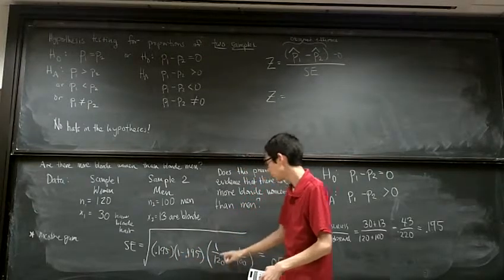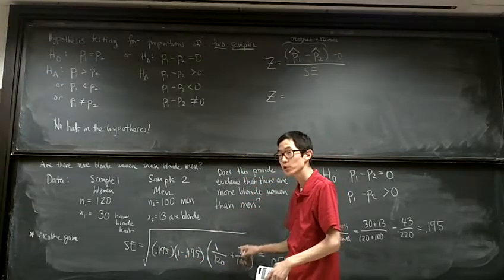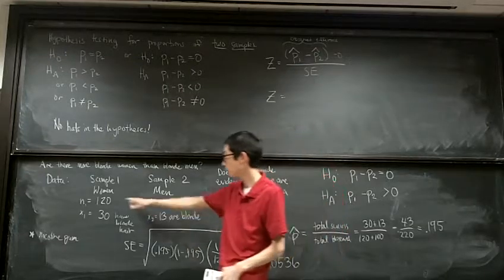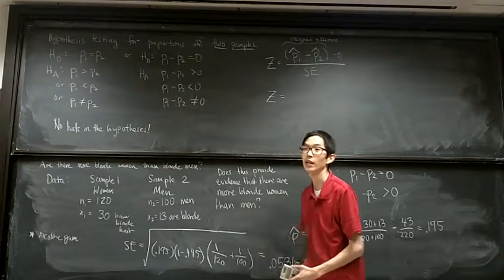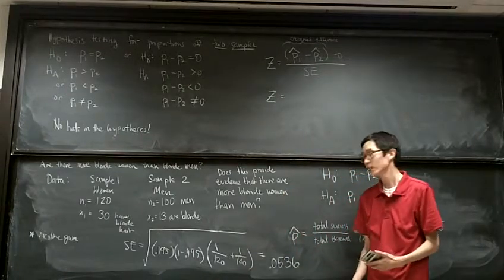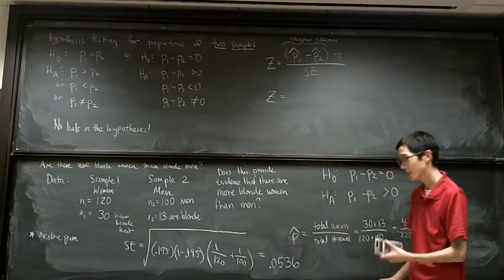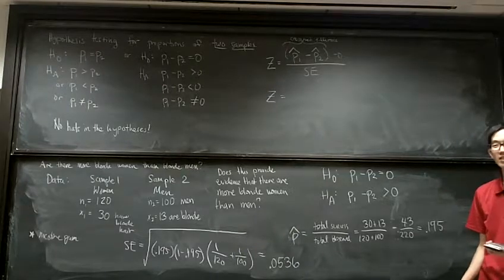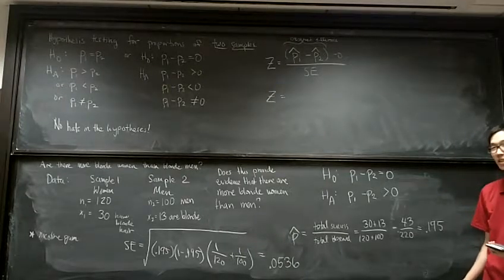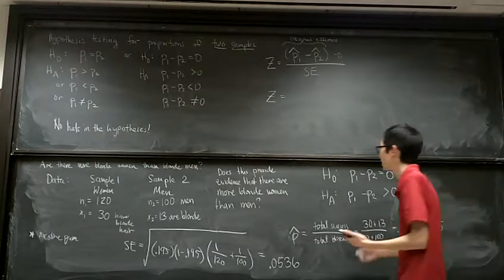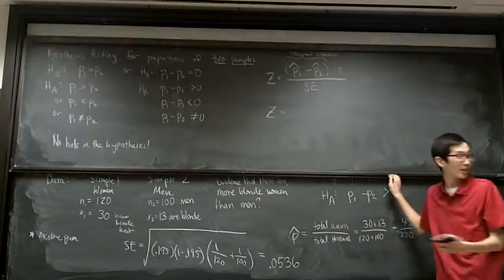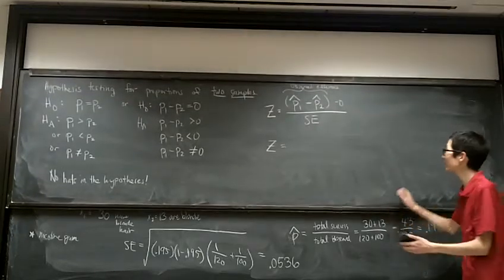And this is 1 over n1 plus 1 over n2. n1 is 120 and n2 is 100. So I got that part, but then I didn't get that one. All right. What kind of calculator are you using? That one. Okay. That should do it. Detour for a calculator lesson.